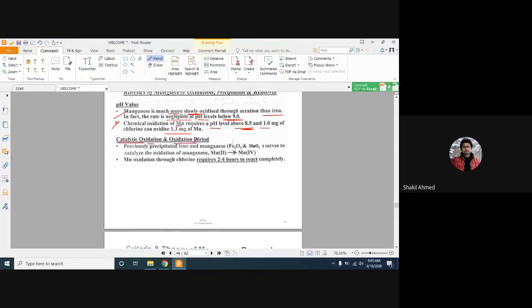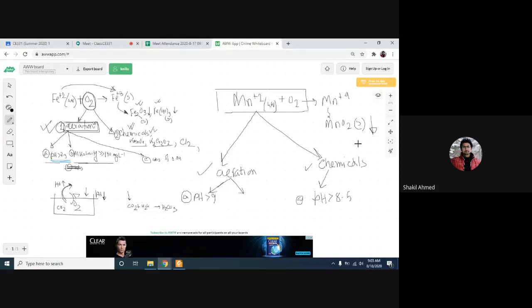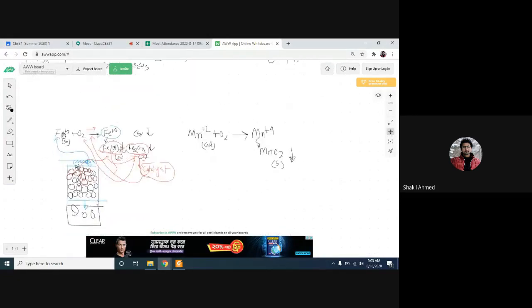So similar to iron oxidation, regarding catalytic oxidation like this, in manganese also, in the case of iron, they were acting as catalyst, right?